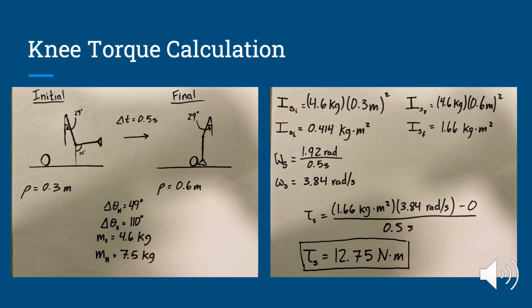Then we converted that to radians, which is 1.92 radians, and we found that the angular velocity is 3.84. And then we're going to use the same torque calculation that we did before. We found that the torque of the shank is about 12.75 newton meters. And this confirms what the literature shows, because the torque of our hip is much greater than the torque of the knee.